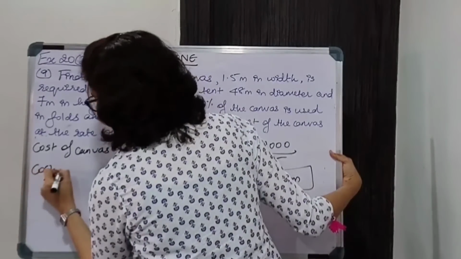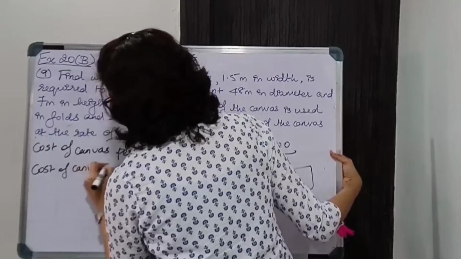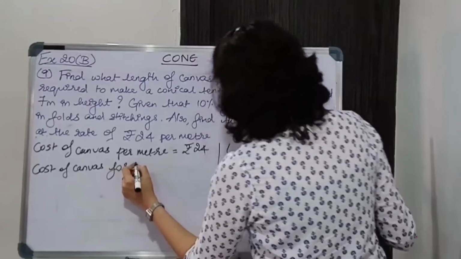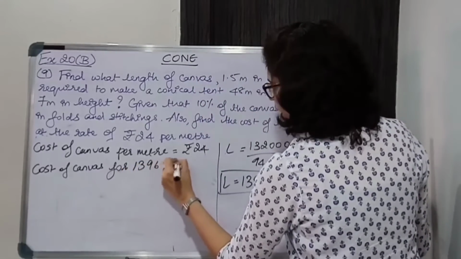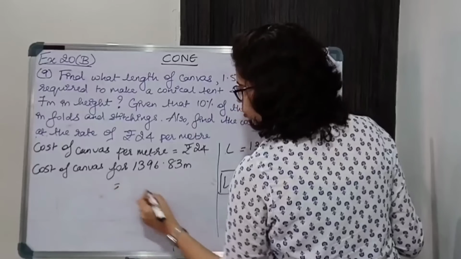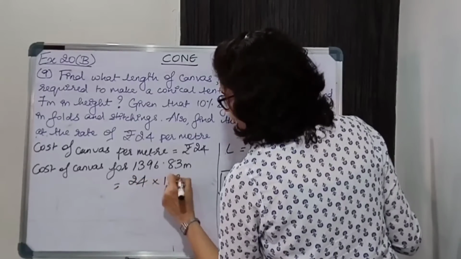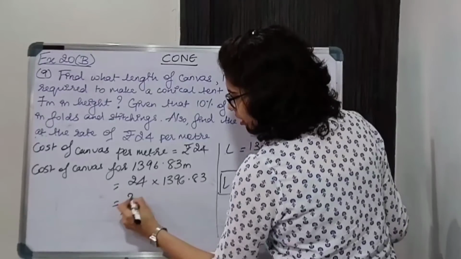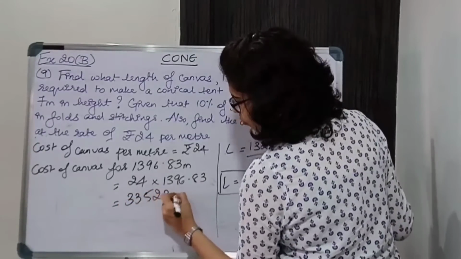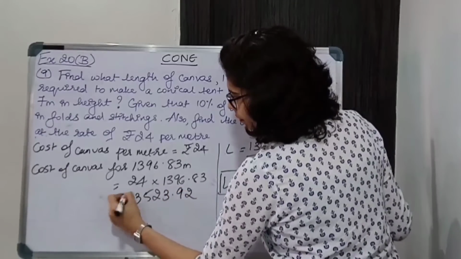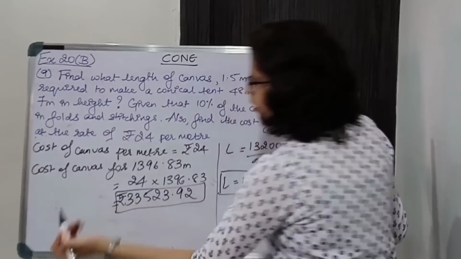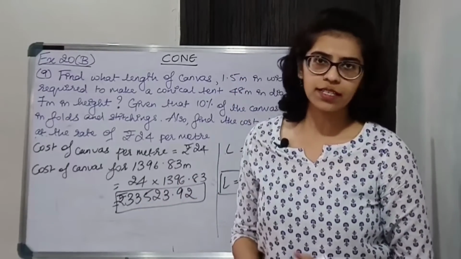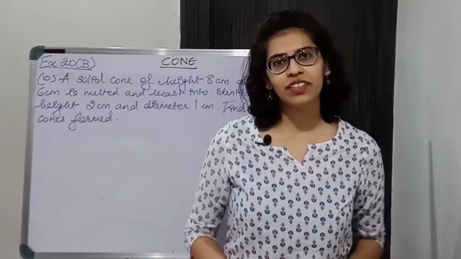So cost of canvas, okay, for 1396.83 meters will be equal to 24 into 1396.83. Okay, this gives 33,523.92 rupees. Okay. So this is the cost of canvas. All right. Let's check the next question.